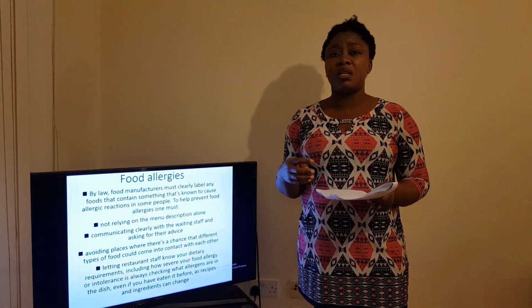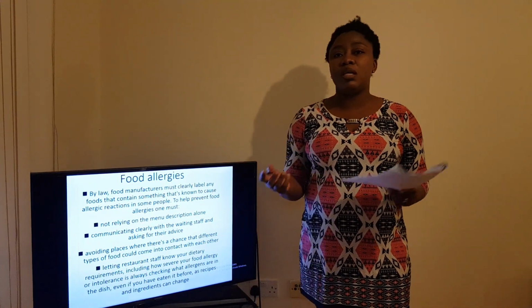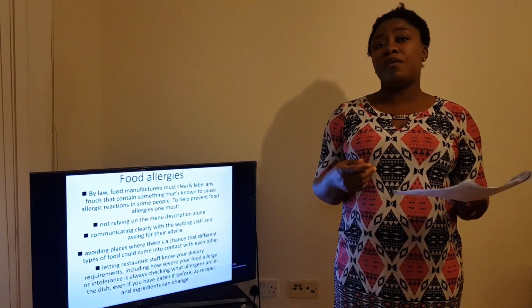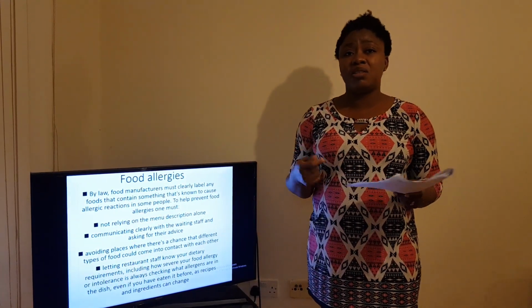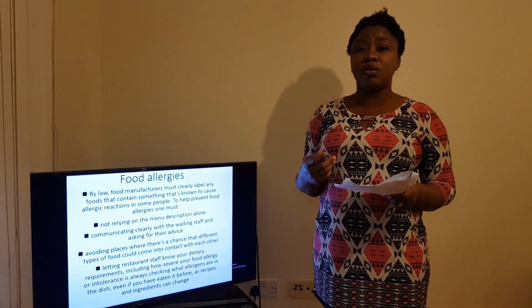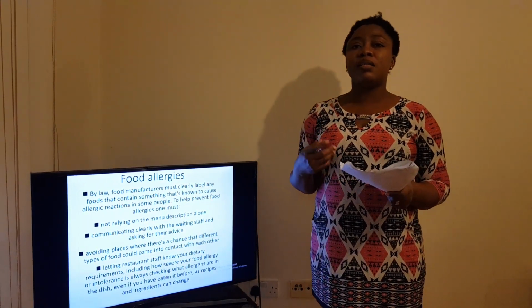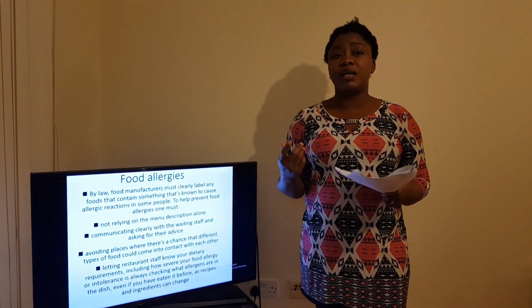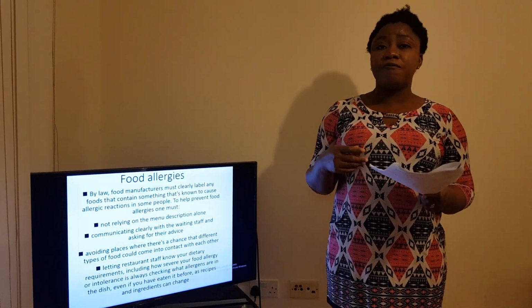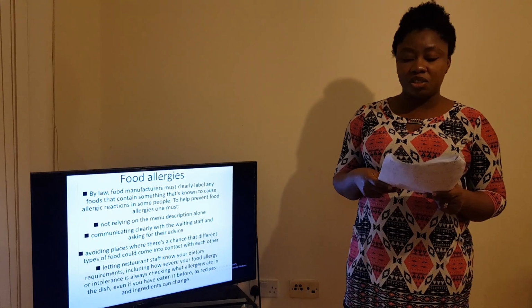Avoid places where there is a chance that different types of food could come into contact with each other. Let restaurant staff know your dietary requirements, including how severe your food allergy or intolerance is. Always check what allergens are in the dish, even if you have eaten it before, as recipes and ingredients can change.